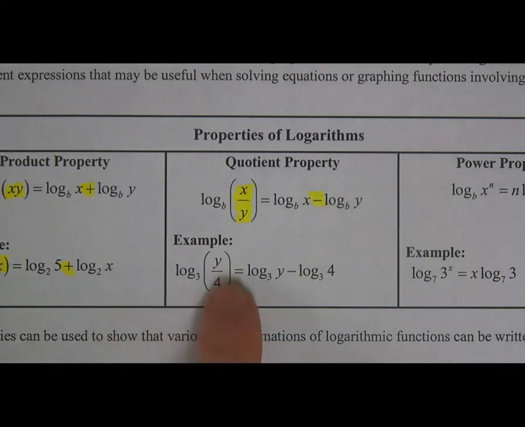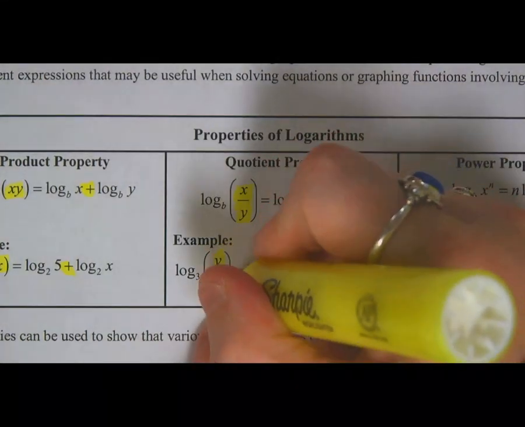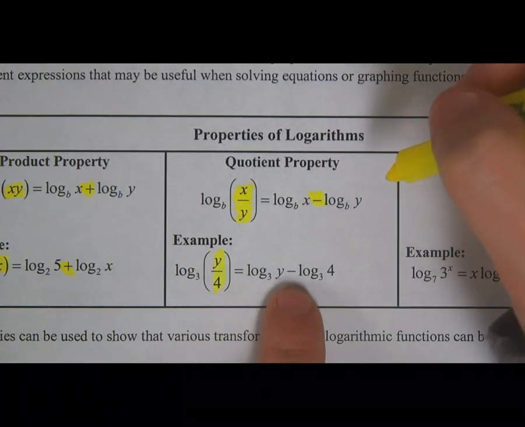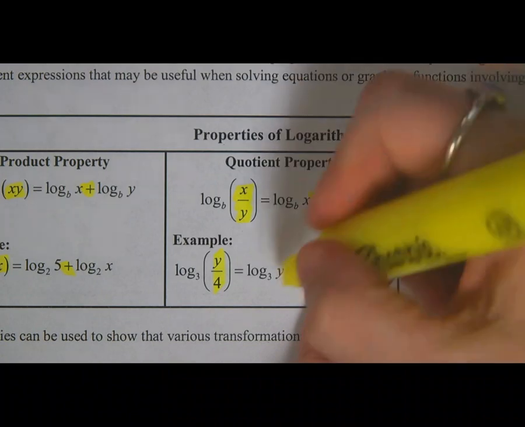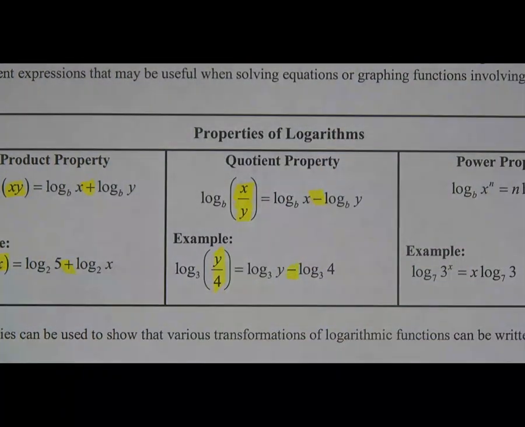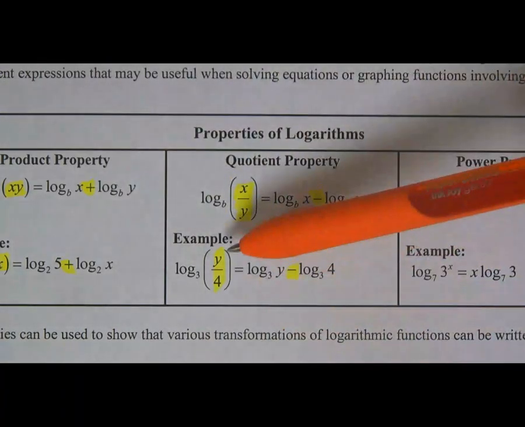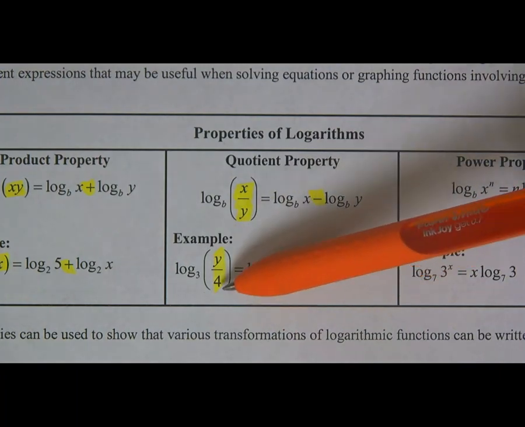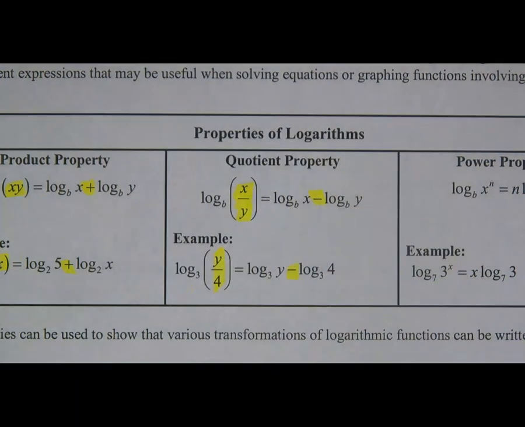Log base 3 of y divided by 4 can be expanded out into two logs, log base 3 of y, subtract log base 3 of 4. Notice that the numerator, whatever is on top, is first. We're going to subtract the log of the denominator. When you subtract, order matters, so don't get those confused. This is not the same as log base 3 of 4 minus log base 3 of y. That's incorrect.